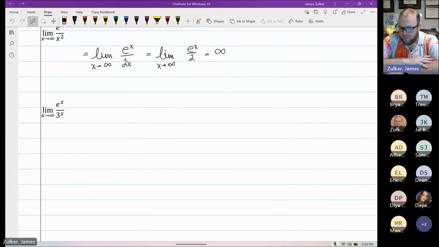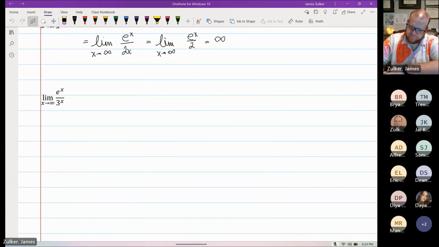So it is L'Hopital form. Derivative e to the x, e to the x, right?